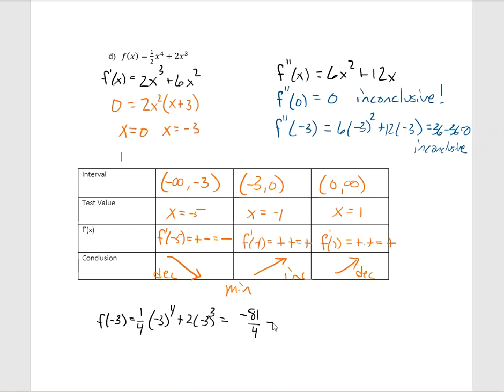Negative 27 times 2 is a negative 54. Bringing that calculator back. Okay, 81 fourths minus 54 times 4. So that's 216 fourths. That's 297 over 4. That is a negative.